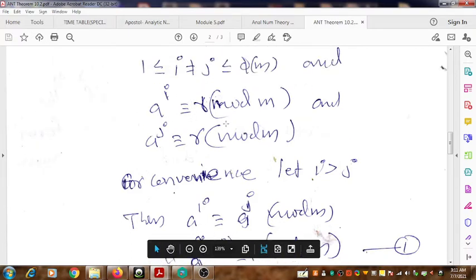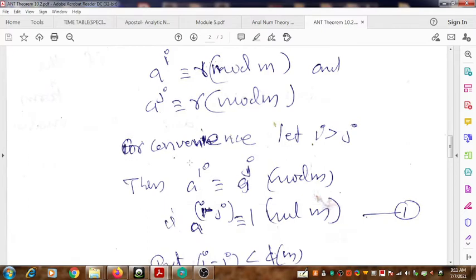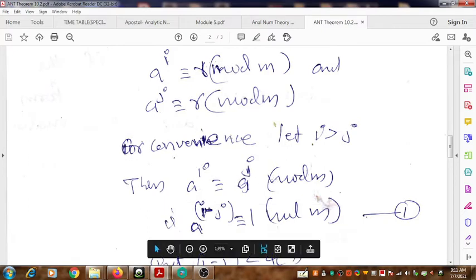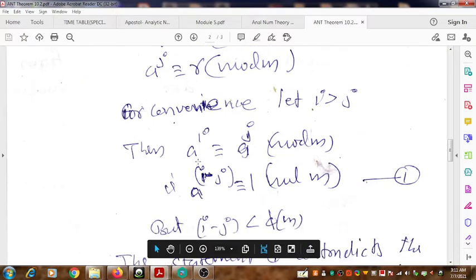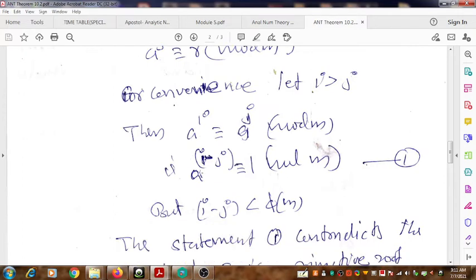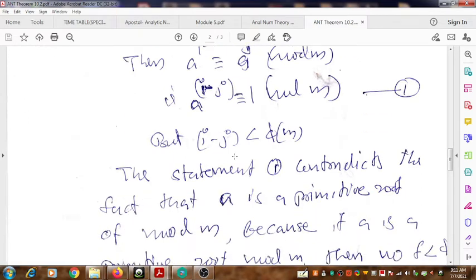Combining these two steps, we get that a raised to i is congruent to a raised to j mod m, because we get the same remainders when these numbers are divided by m. Therefore a raised to i minus j is congruent to 1 mod m.